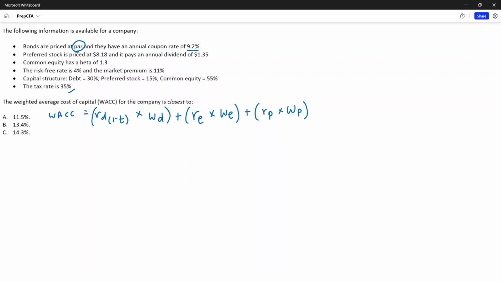So now, how do we find out the cost of capital from each of the instruments?